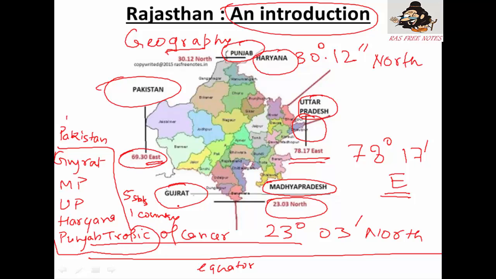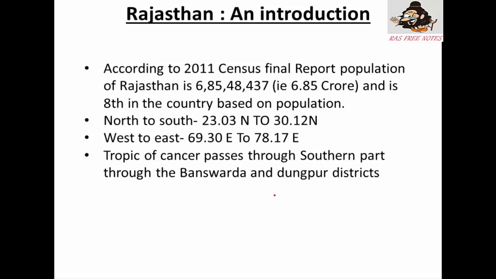Now the important thing here is which districts surround Uttar Pradesh, Haryana, Punjab, Pakistan, Gujarat, Madhya Pradesh. Now we move to our introduction.